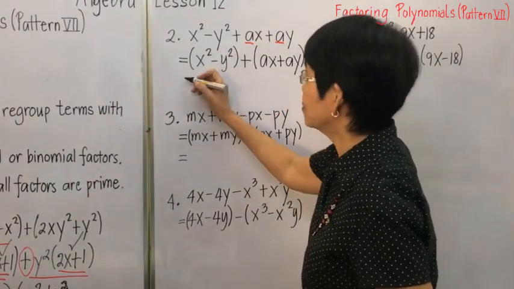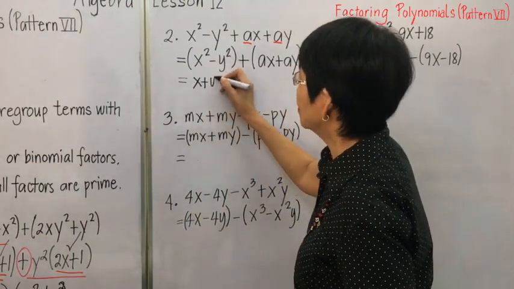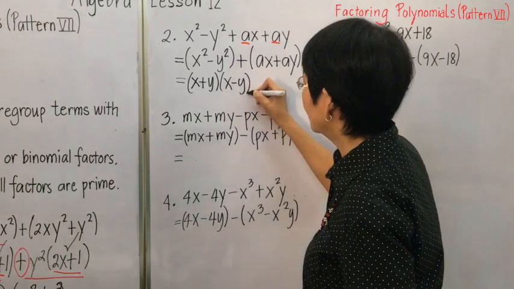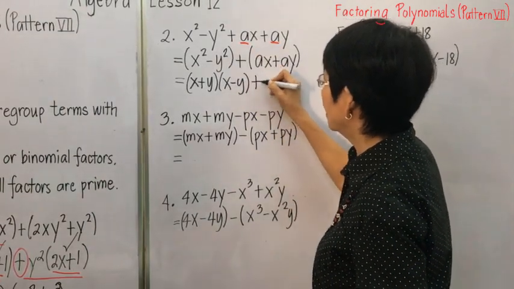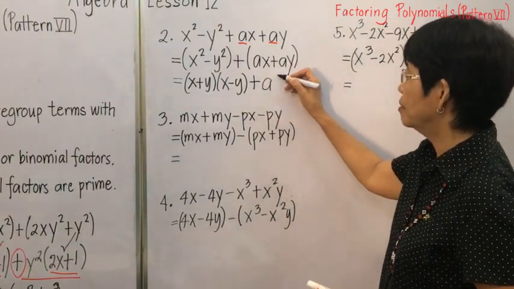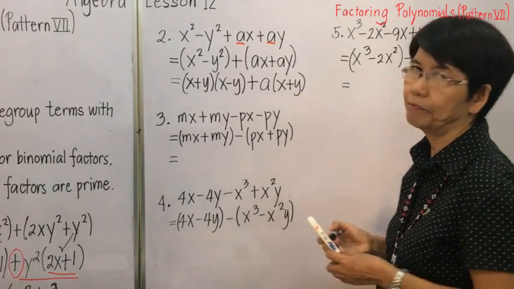So next we factor them. So x plus y, x minus y, then copy the addition sign, and then factor out the a, and you have x plus y.